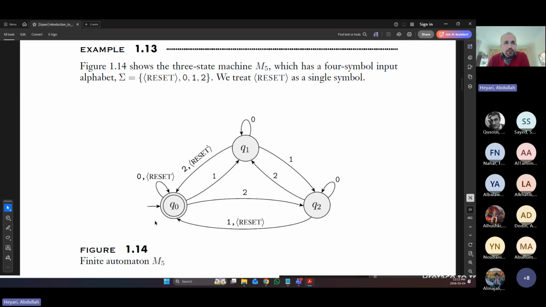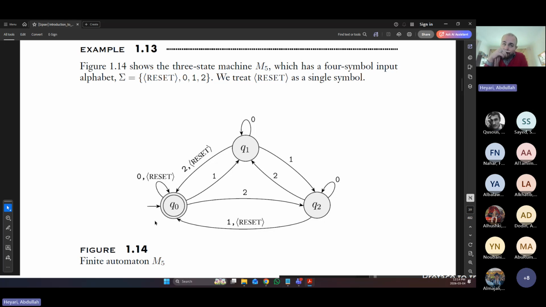What can I read from Q0? Can you tell me the symbols I can read at Q0? What if I read 2? Where does that take me?